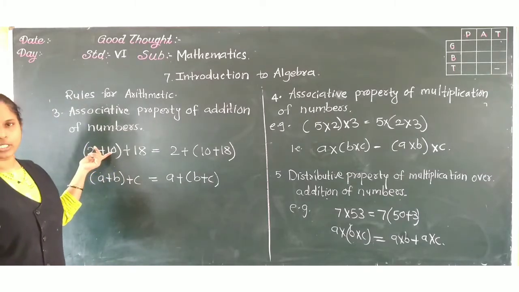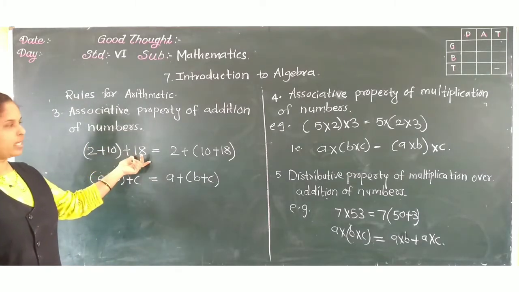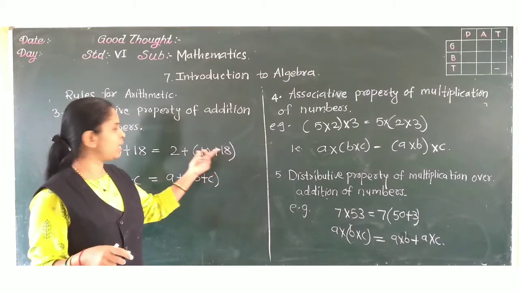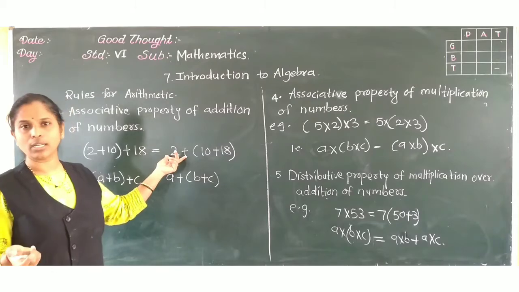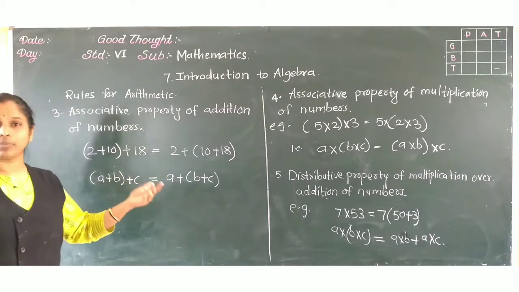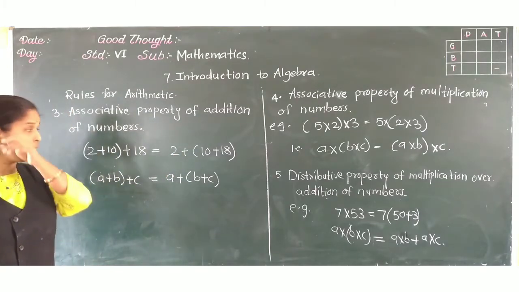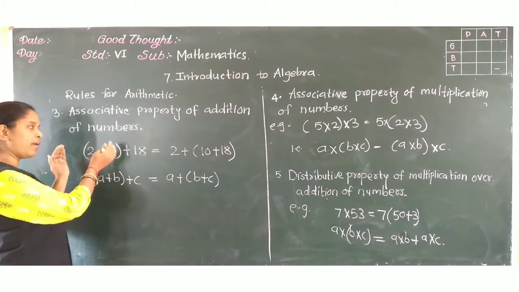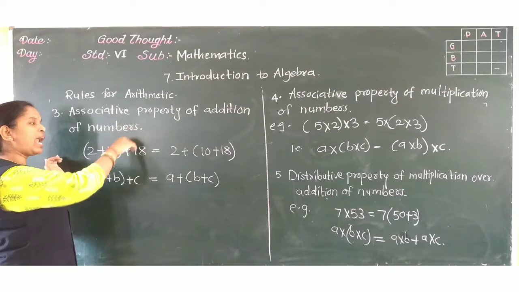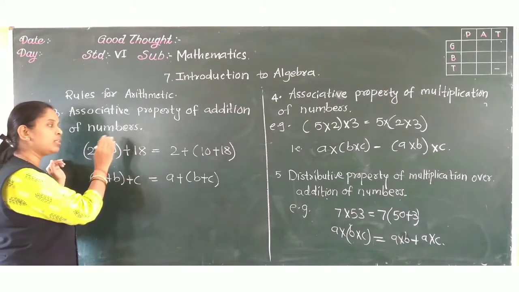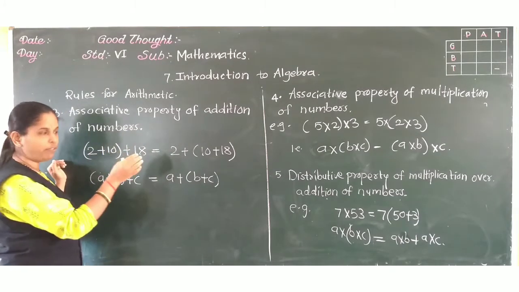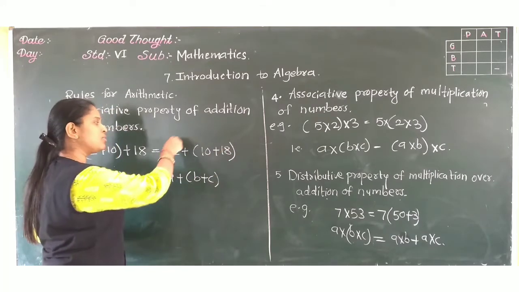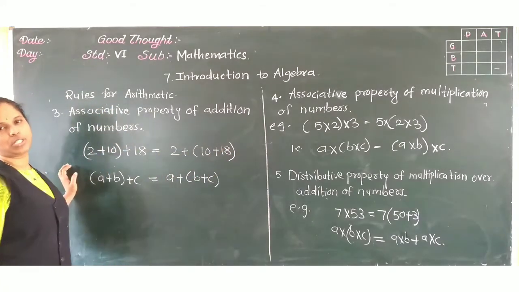10 plus 2 is 12, 12 plus 18 is 30. Here, 10 plus 18 is 28 and 28 plus 2 is 30. Now both sides the answer is same. This is the associative property, where we add the first two numbers and to that addition we add the third number, and the answer remains same if we add the last two numbers and to that addition we add the first number.